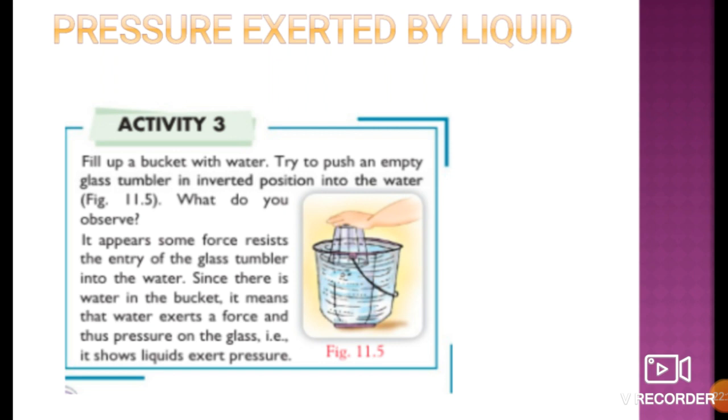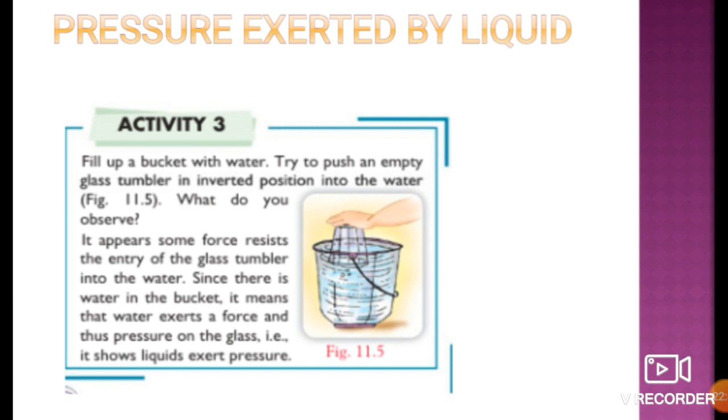So what do you observe, students? It appears that some force resists the entry of the glass tumbler. The glass tumbler will not easily enter the water. For entering the glass tumbler into the water, we require a push.